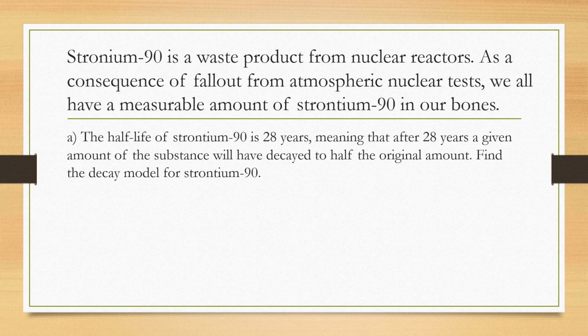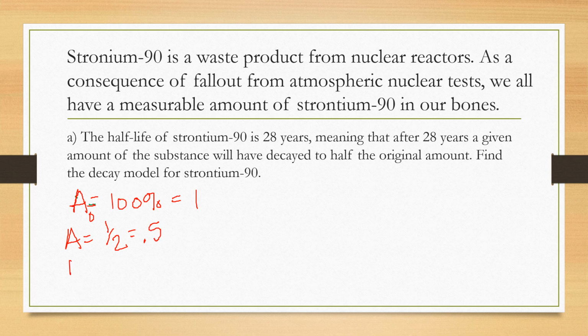So our original amount, our ending amount, our original amount. We're just going to start out with 100%, or 1. Our ending amount after 28 years is going to be 1/2 of that, or 0.5.